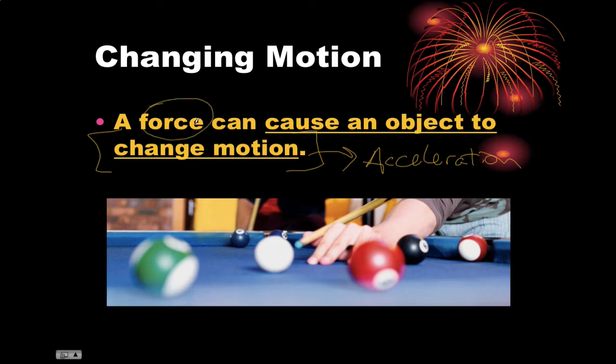Now with a force, does acceleration happen? Well, we have to look at this word right here, can. Just because you have a force doesn't mean that you're automatically going to accelerate an object. You can push against the wall all you want, but the wall is going to be stronger than you, so the force that you're applying doesn't cause the wall to accelerate. You have to have something called an unbalanced force to get an object to accelerate.